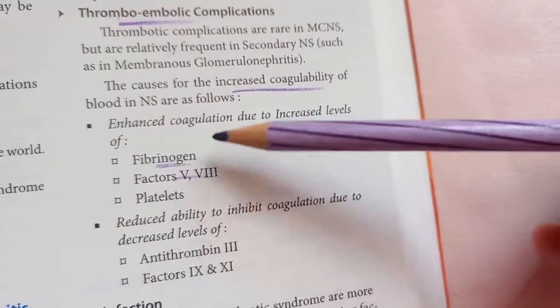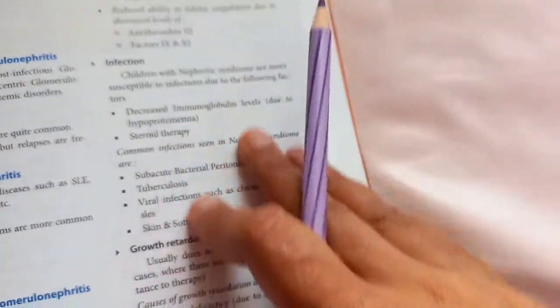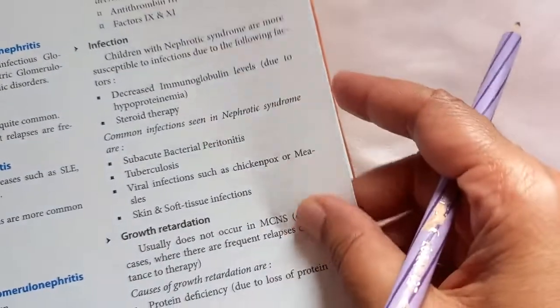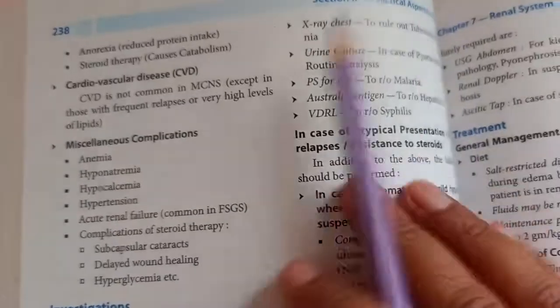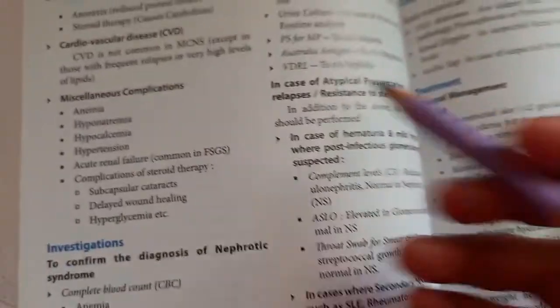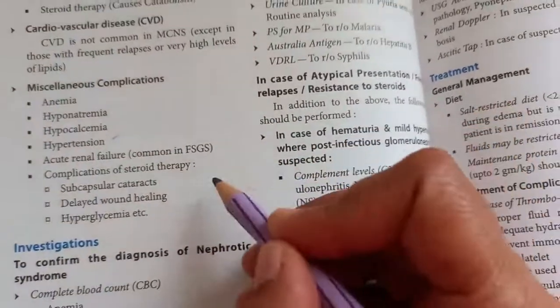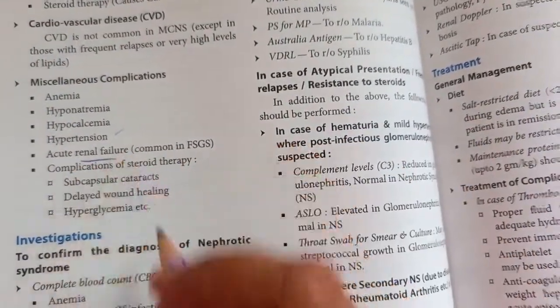There is less protein, but there is more fibrinogen, etc. They are saying, right? So these people are prone to infection, growth retardation. They can go into cardiovascular disease, etc. Okay. I think what you can also note here is hypertension, renal failure. I think these are easier to say. What do you say, people?